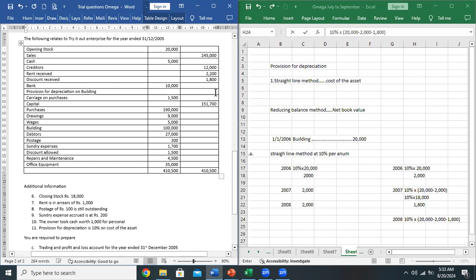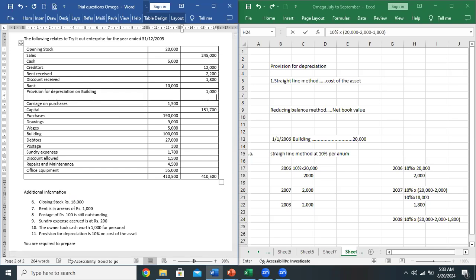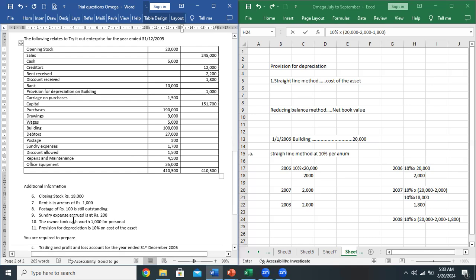And depreciation has a credit balance. So let me put 1,000. And then in the additional information, we are being told that provision for depreciation is 10% on what? Cost. So when you say 10% on cost, then they are referring to the straight line method.